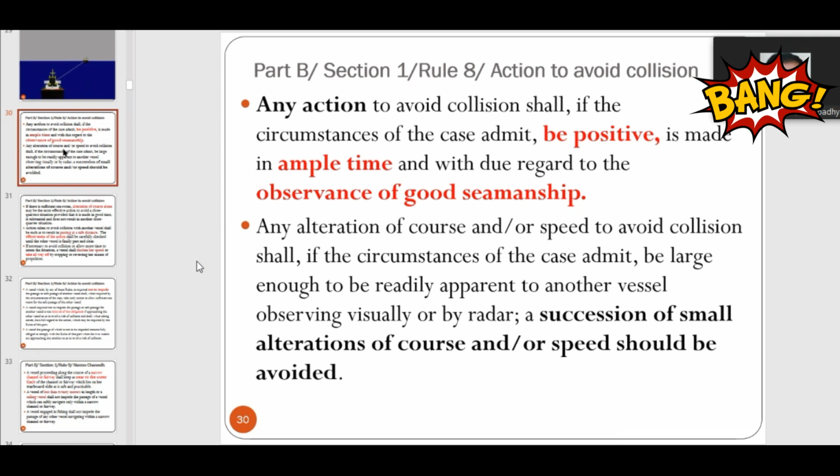Small alterations should be avoided. Or reducing speed, a little RPM reduced, say suppose 2-3 RPM, 5 RPM reduced, because every RPM has got constraints in maintaining that speed. So it's got certain parameters to be maintained, and within that parameter you can only cut down that much without any notice.